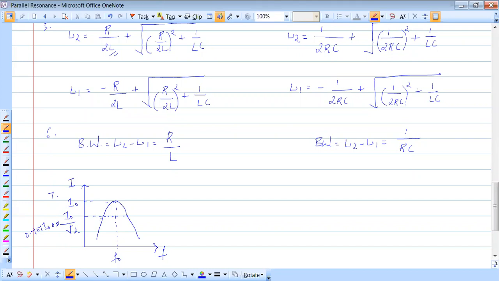So when you come down by 3 dB, you get two more frequencies, F1 and F2. This is what is happening in series resonance. Now what would happen in the parallel resonance circuit is what we need to look at.